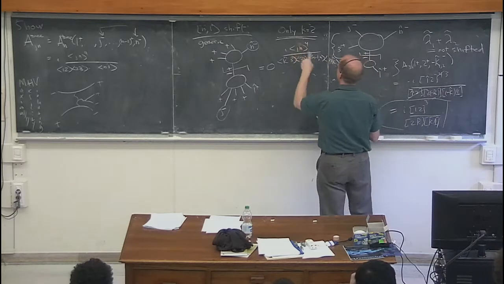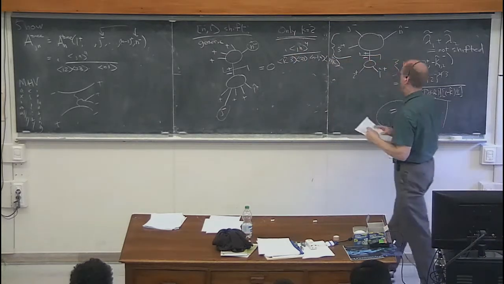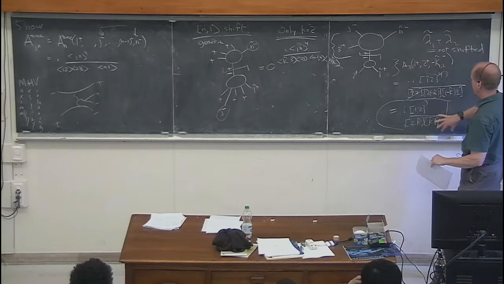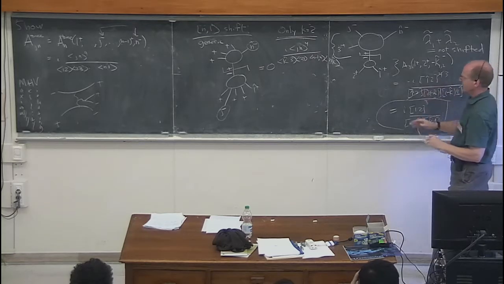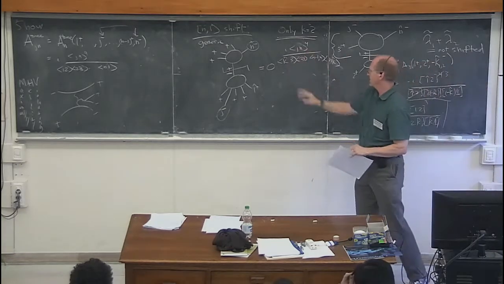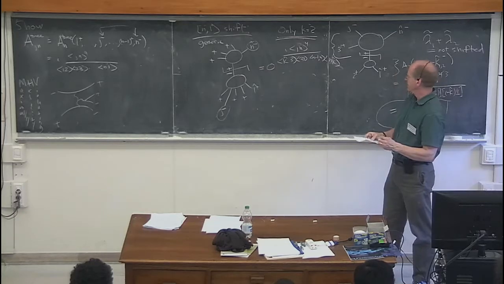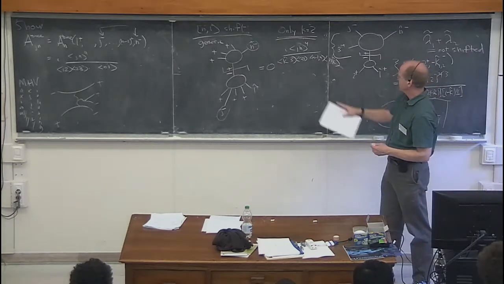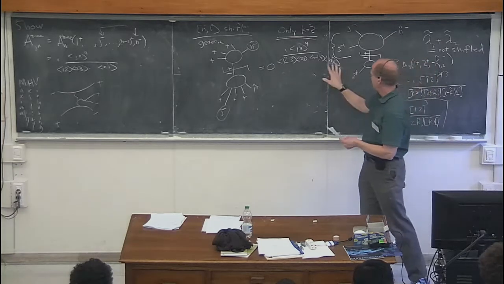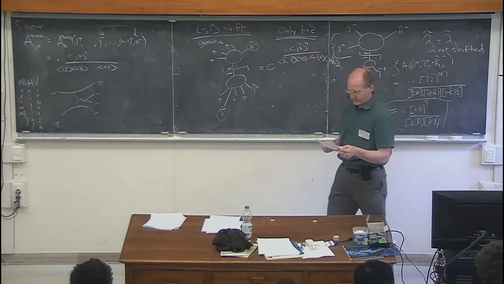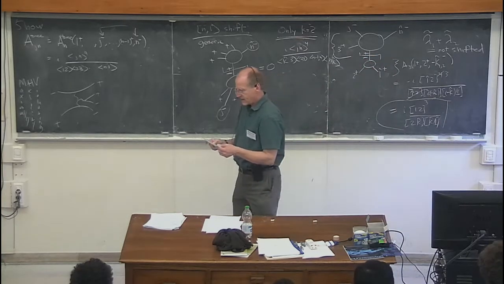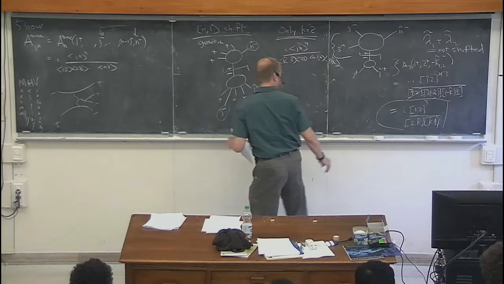There should be hats on top of the n's, but we can remove them for the exact same reason we could remove the hat from 1 on the bottom side, because this involves angle brackets, and those aren't shifted. But we need to keep the hat on k hat for a little bit. Okay, so now I'm just going to multiply these two expressions together.